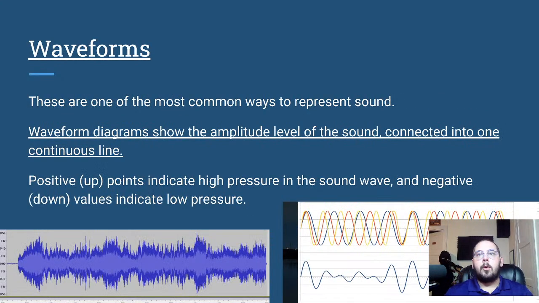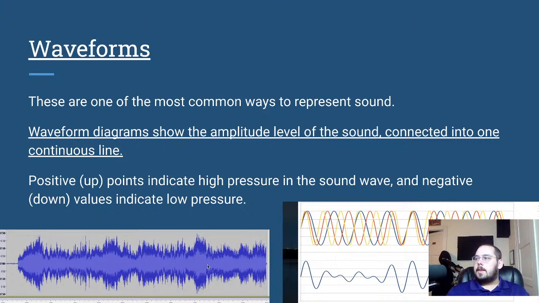We've already looked at these a little bit, but this shows the amplitude of the sound represented vertically over time. In a digital audio workstation, you'll get something like this, where it's moving very quickly, but as you zoom in, you can see that the amplitude picks up and changes over time.